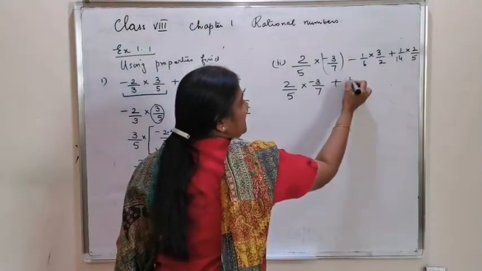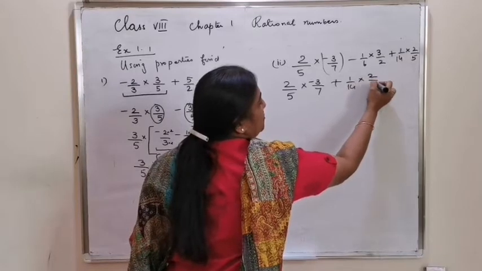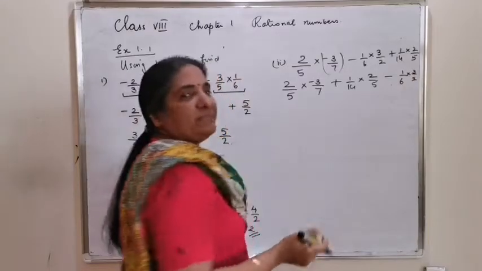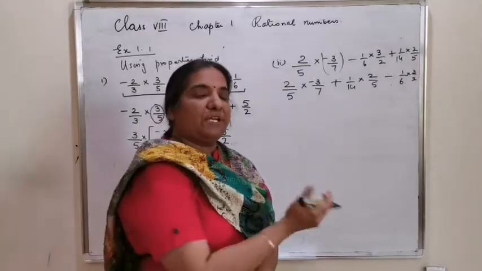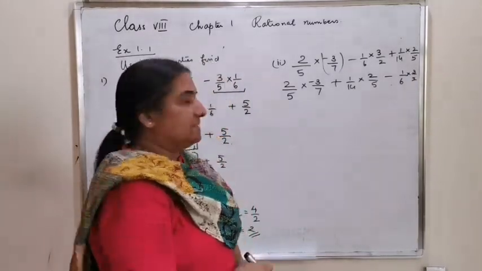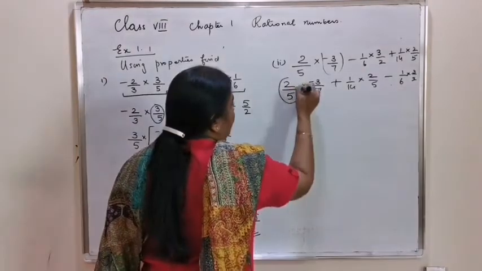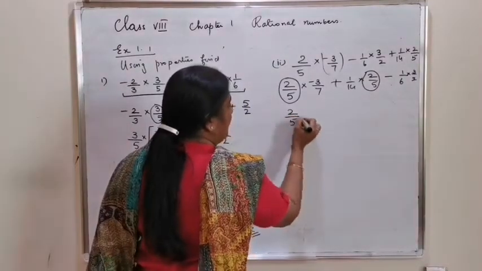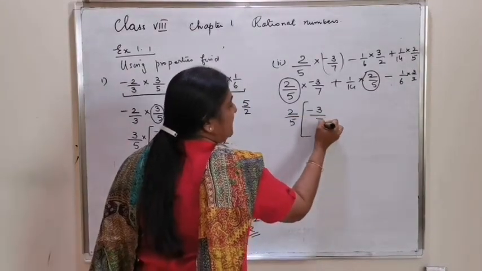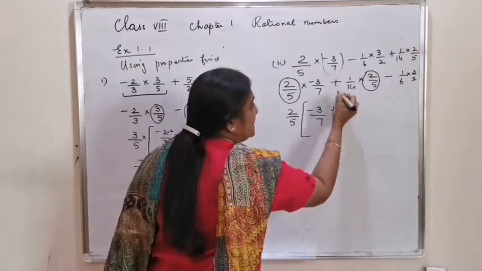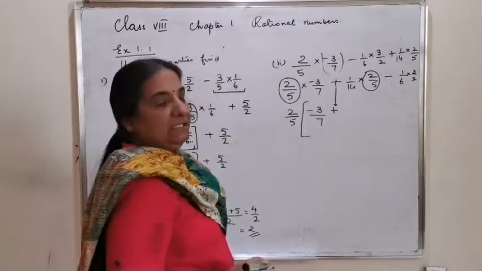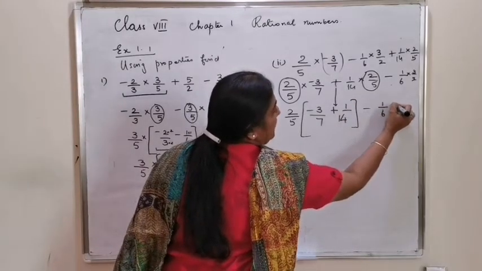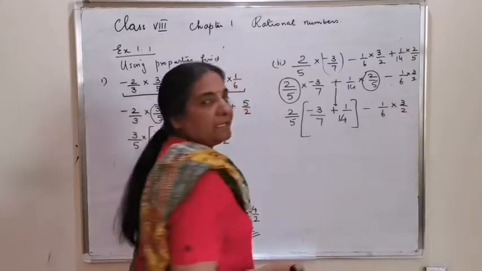Here you have plus 1 by 14 into 2 by 5 minus 1 by 6 into 3 by 2. This can be like commutative property. You are rearranging the terms. 2 by 5 is a common rational number. Minus 3 by 7 plus, what will be the sign? You can just bring it here. 1 by 14 minus 1 by 6 into 3 by 2.